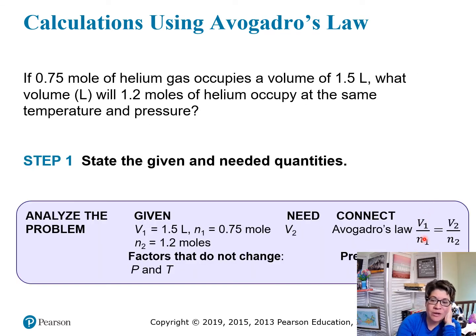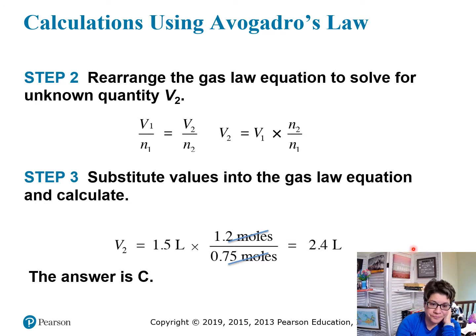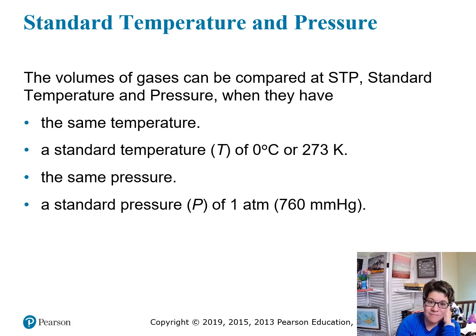You have your proportion of V1 over N1 equals V2 over N2. This is what you're given, and then this is what you need. And so you would rearrange that to solve for V2. And you would plug in your numbers, and your answer is C, 2.4 liters at that constant temperature and pressure.